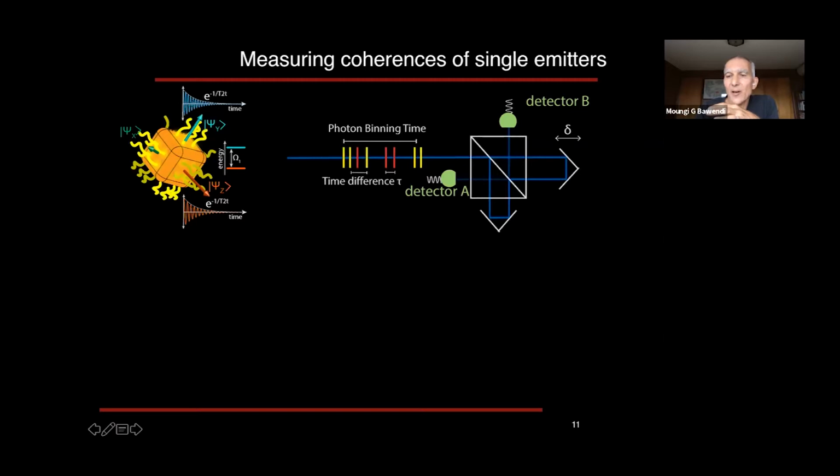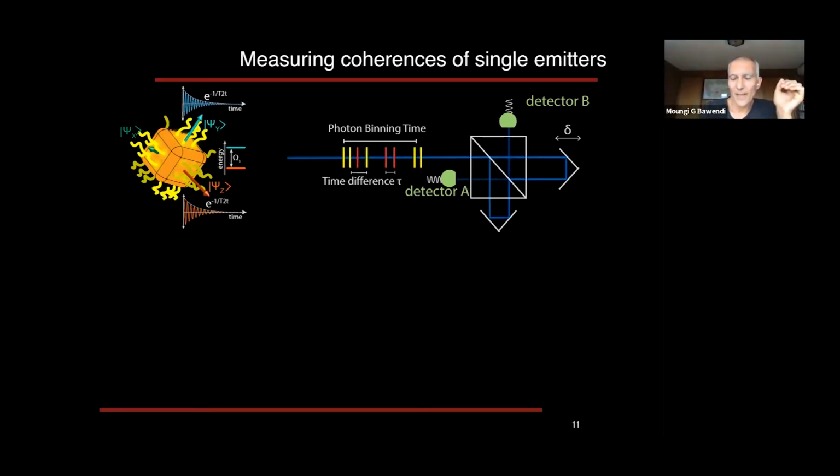If that arm is longer than the coherence length of the wave packet, then the wave packet can no longer come back and interfere with itself, because it's like if you have your wave packet and another wave packet here, and they're separated in space, they no longer see each other. If delta is equal to 0, then they exactly are on top of each other, and so you have full interference.